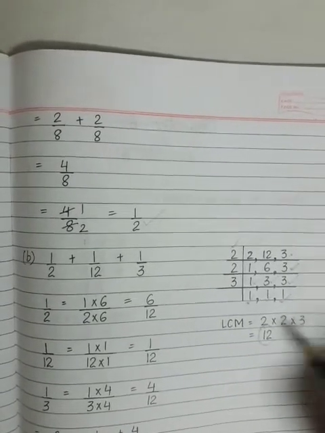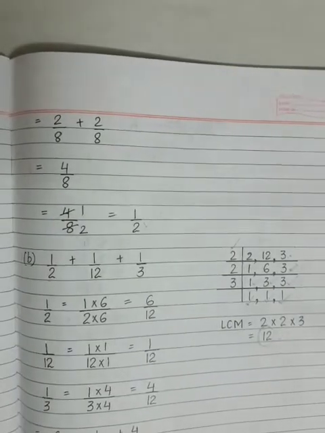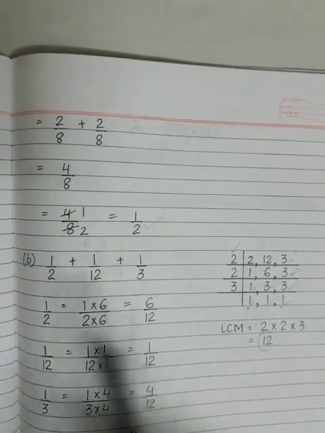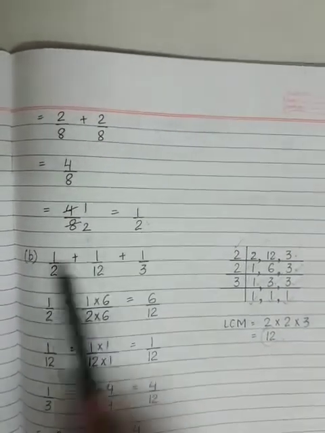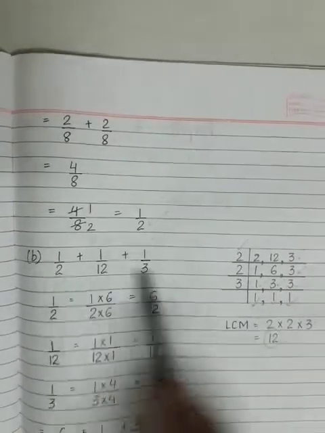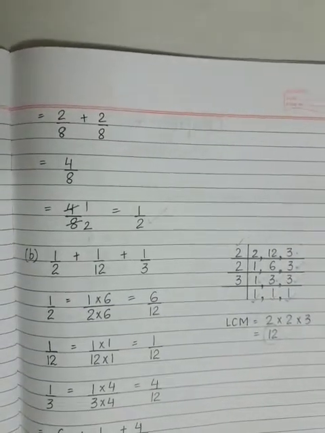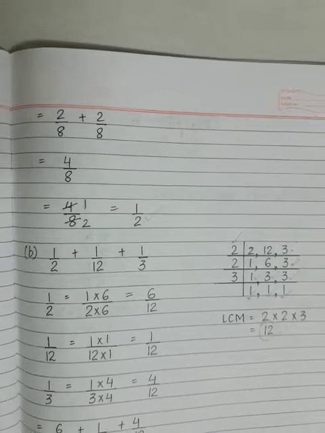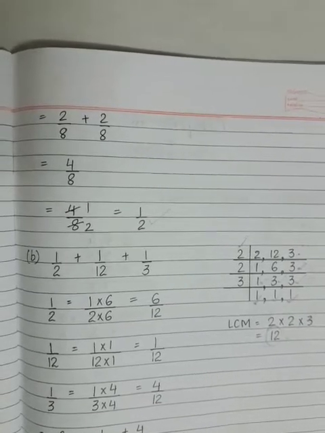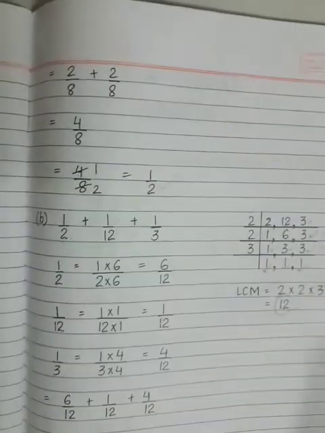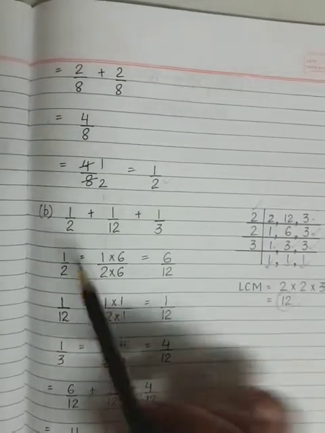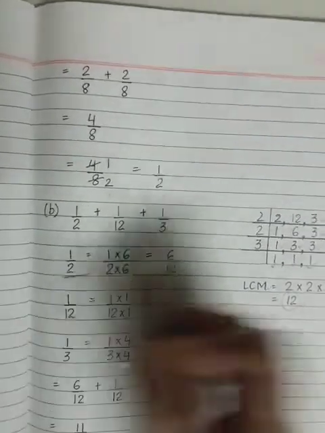Now, in this sum we have got 12 as the LCM. Getting 12 as the LCM means that in all these 3 places you need to get 12. Then only the denominators will be same and you will be able to add them easily. So, taking the first fraction, which is 1 upon 2, this is 2. Okay.